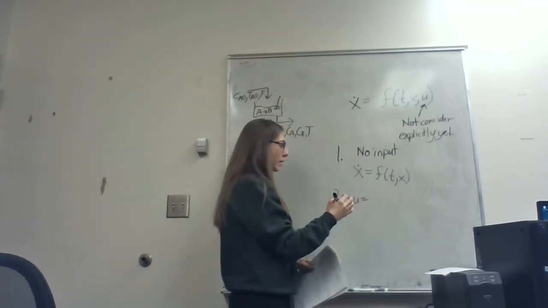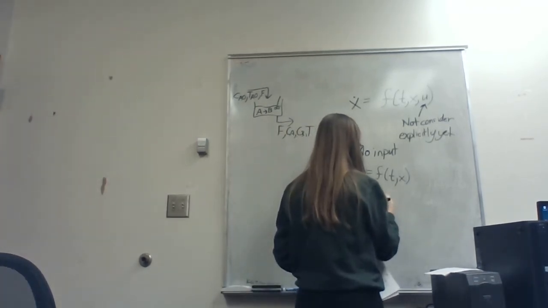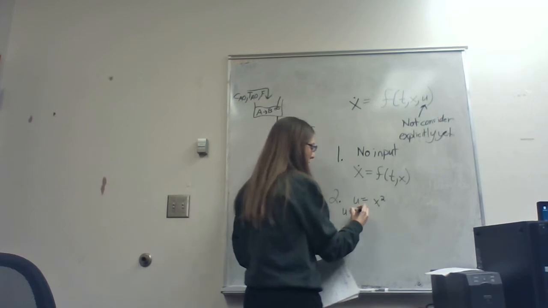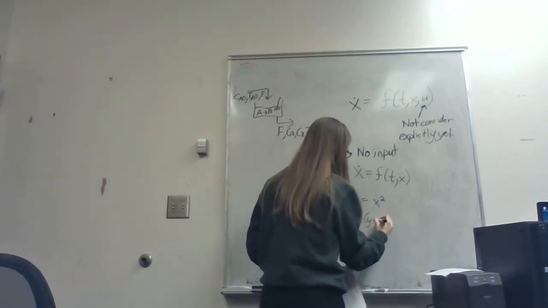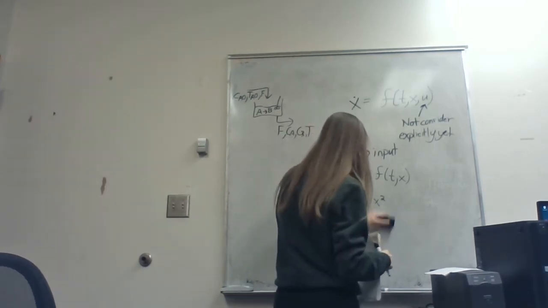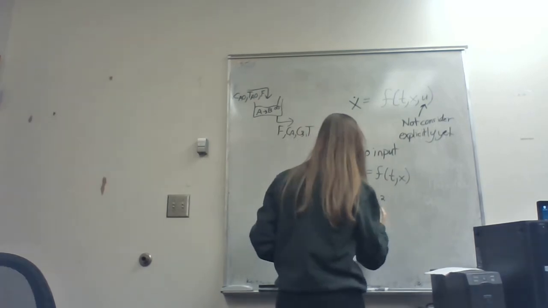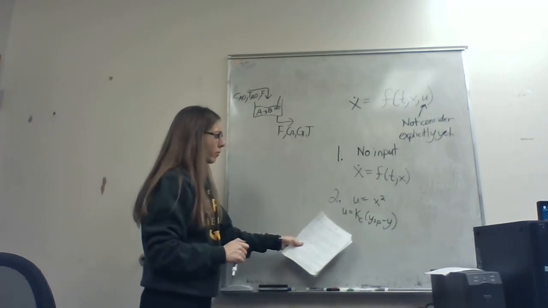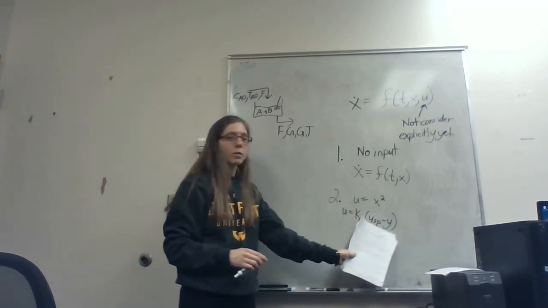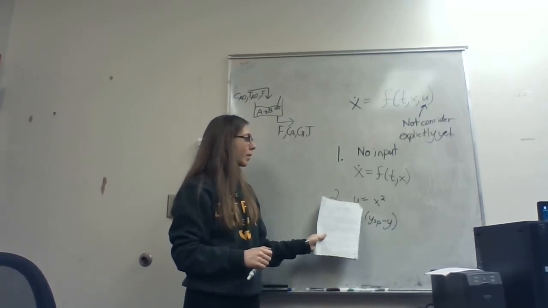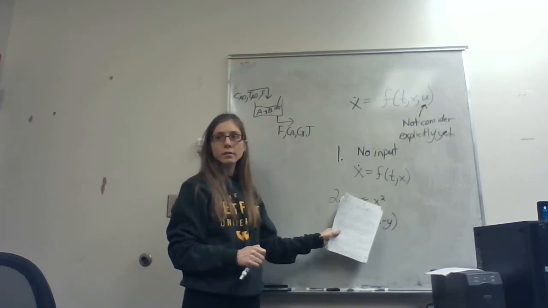So it'll be things like u equals x squared, just like how with PID it was Kc times the error, so it was y minus y set point, or the other way around, because when you are off the set point, you want to increase if you're below. So when you have this, the input is a function of the output. So for nonlinear systems, we can also make our inputs be functions of our states.